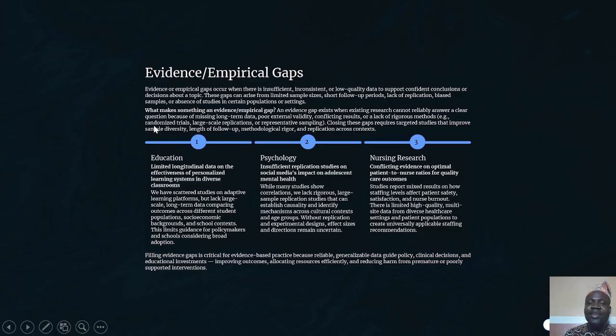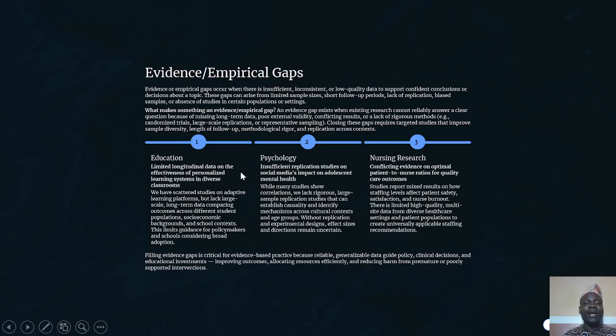So an evidence gap exists when existing research cannot reliably answer a clear question because of missing data, poor external validity, conflicting results, or lack of rigorous method in mounting the research.